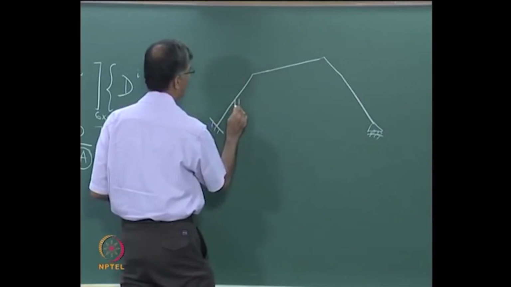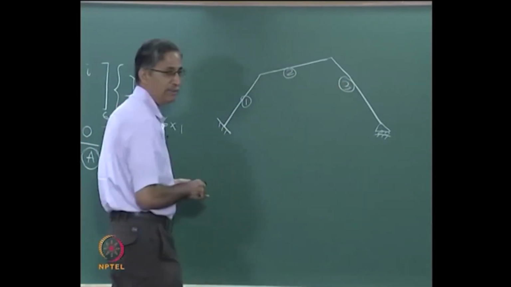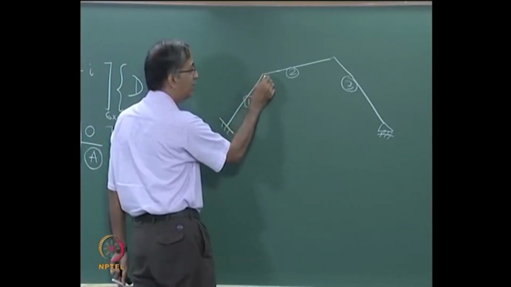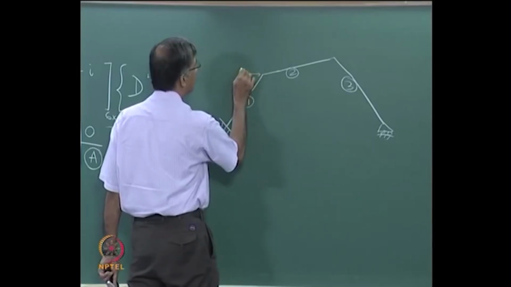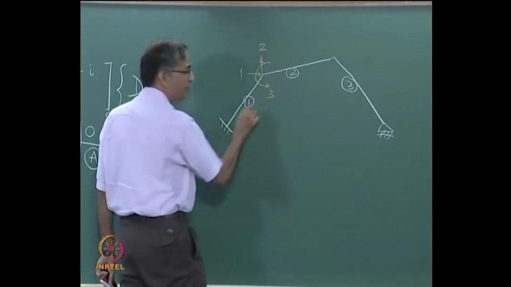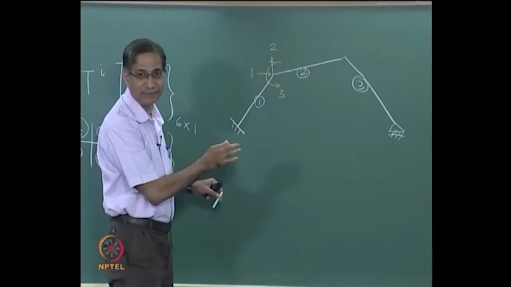This was element 1, 2 and 3. What were our degrees of freedom? We said this joint, we start the active degree numbering here. We said this is 1, this is 2, this is 3. Remember? This is for the structure.